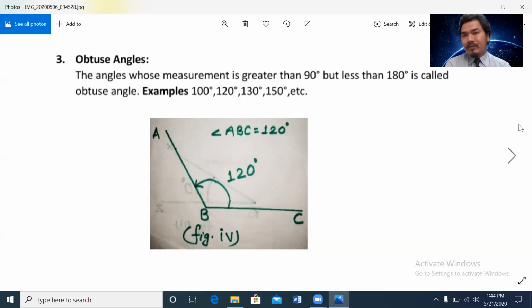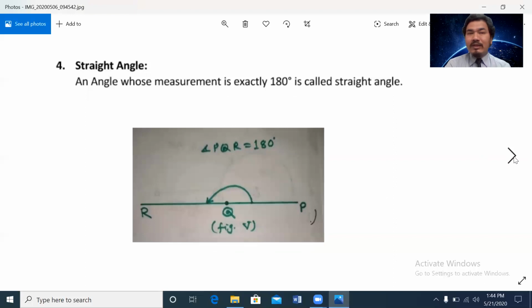Now let's move to the next type of angle, the straight angle. The name itself gives the definition of a straight angle. An angle whose measurement is exactly 180 degree is called a straight angle.